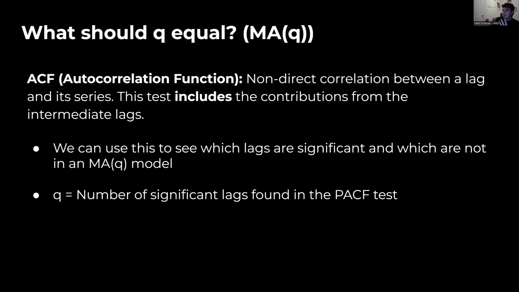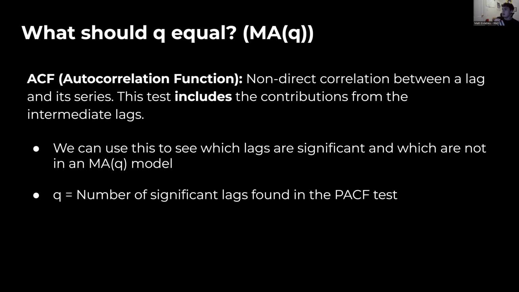With an ACF test and with an MA model, we actually aren't looking at the direct effect. We're looking at the non-direct correlation between the lags and series. If you were to have 3 weeks of lag, the data from 3 weeks ago is going to have an effect on the data from 2 weeks ago.